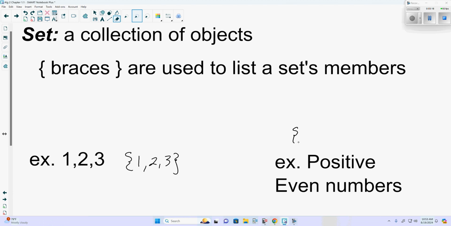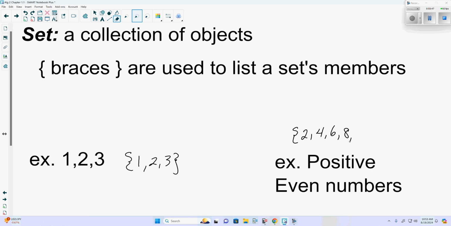The first thing we would do is put a brace. And what is the first positive even number? 2. Why do we not include 0? Because 0 is neither positive nor negative. It's not positive or negative, and it's actually not odd or even. It's pretty much neutral. So we can do 2, 4, 6, 8.